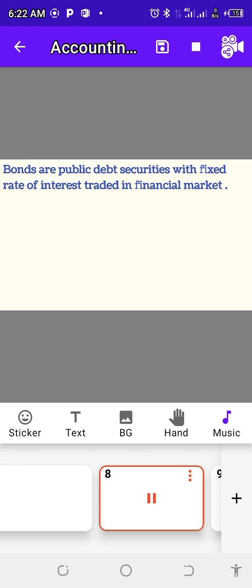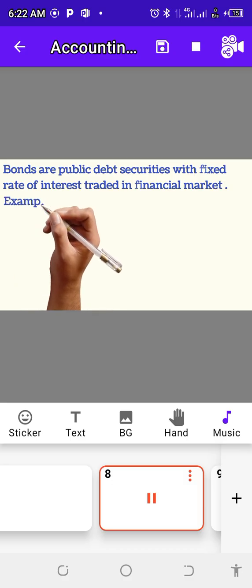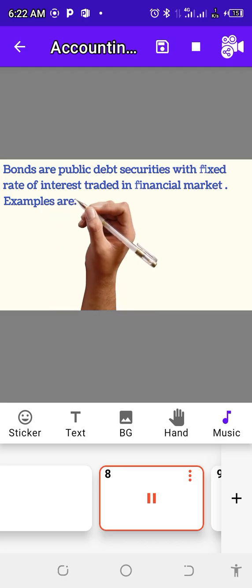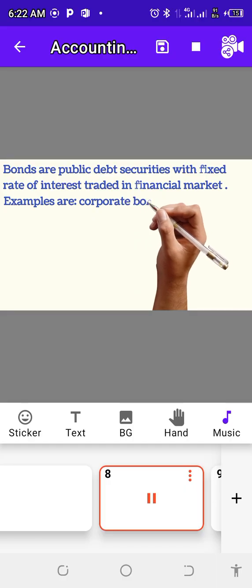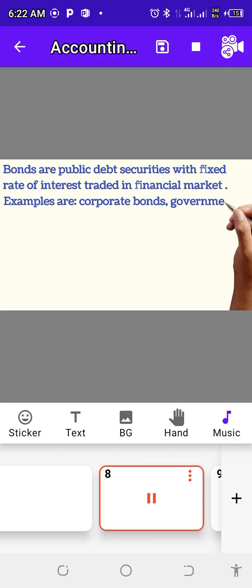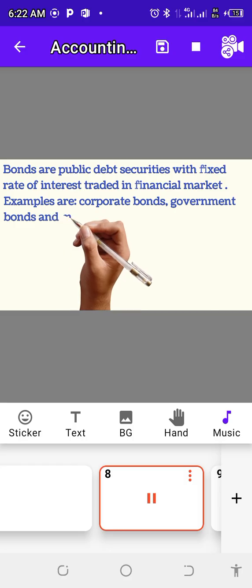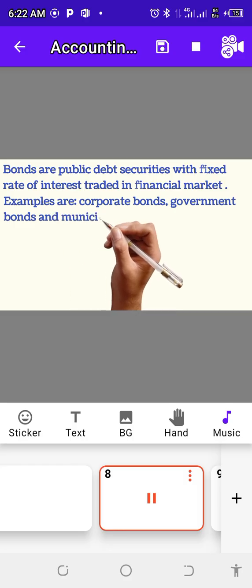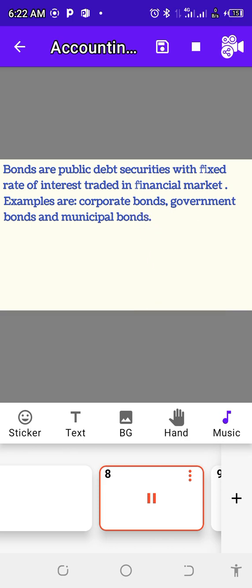We have corporate bonds, government bonds, and municipal bonds.